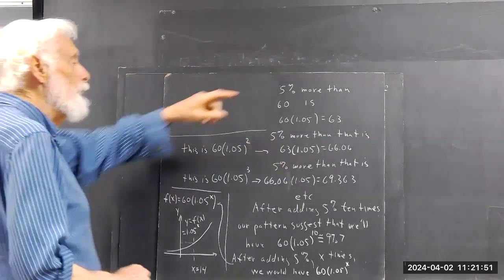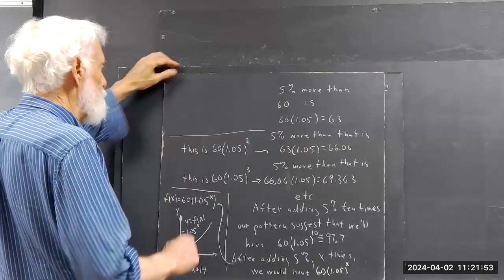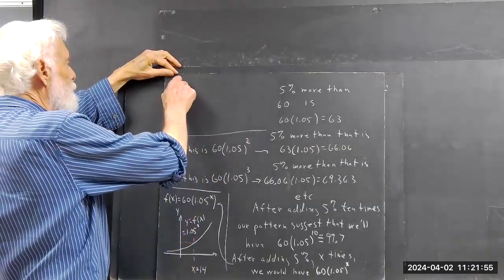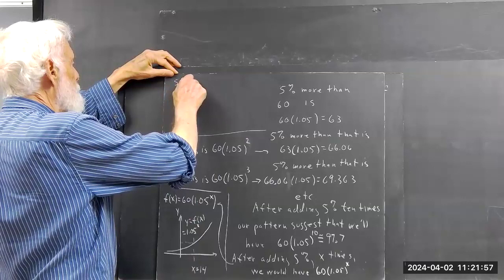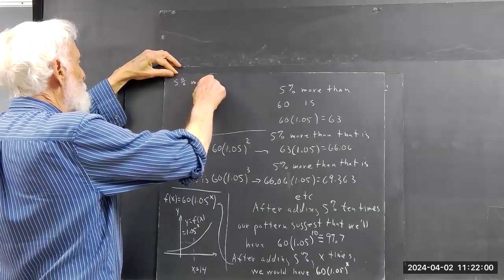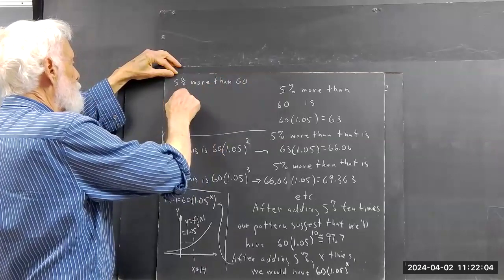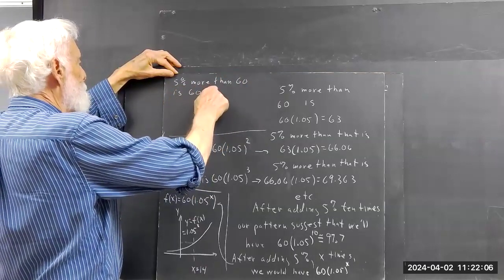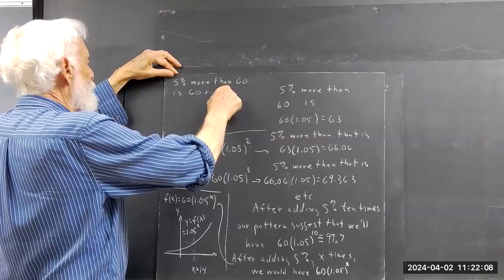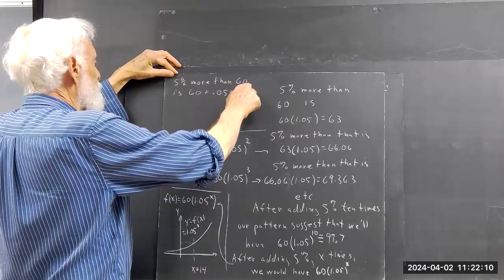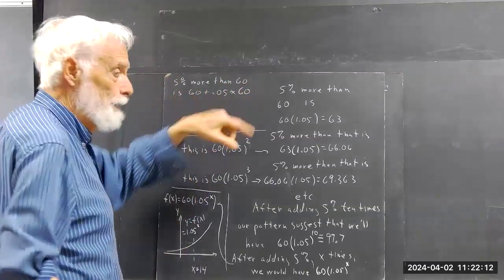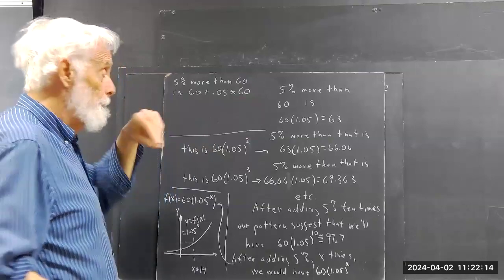Okay, 5% more than 60 is this. Why is that? Because 5% more than 60 is 60 plus 0.05 times 60, or 60 plus 5% of 60, right?